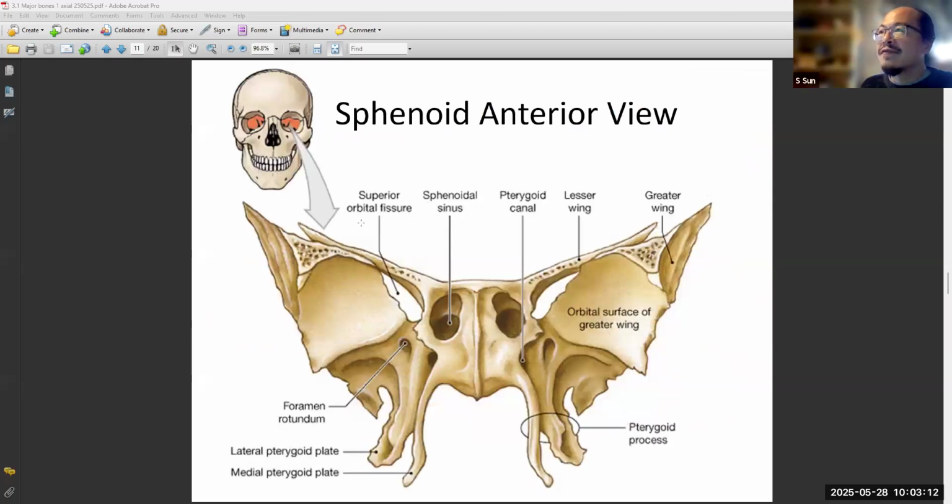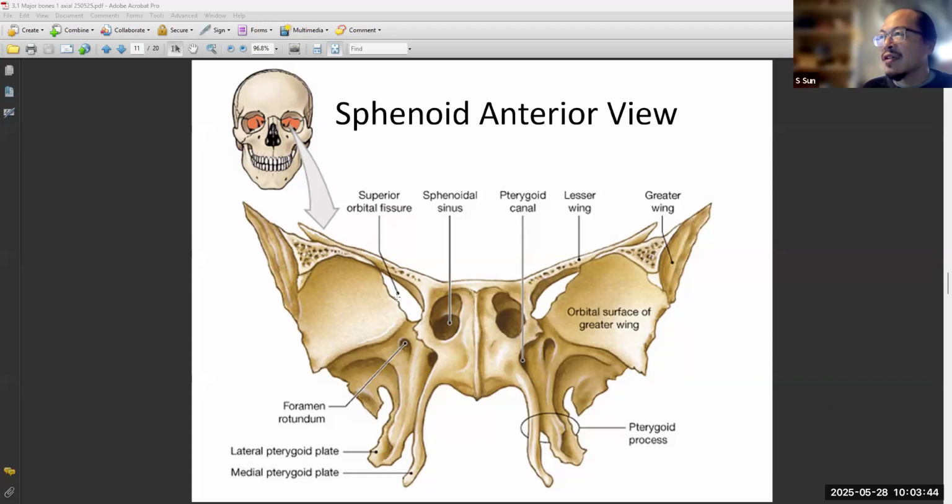All right. So the sphenoid, you can also view from the anterior side, the anterior view. You can appreciate its butterfly structure, and it also provides more processes to form your cranial structure, such as the sphenoid sinus right here.